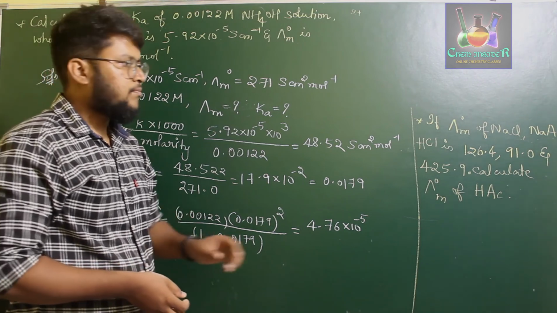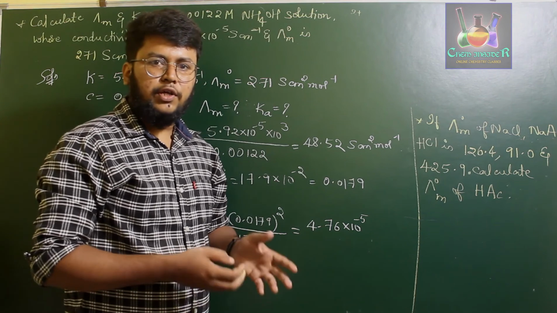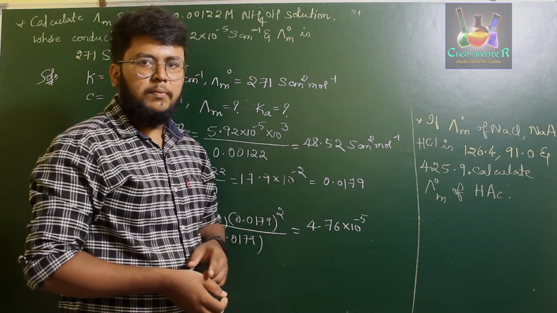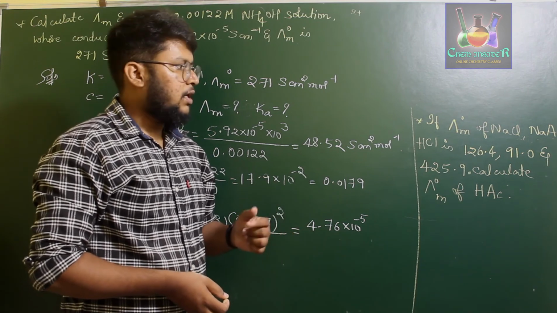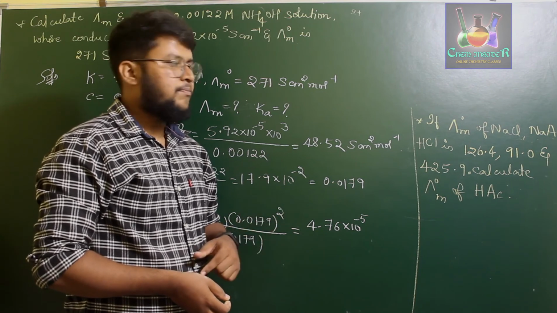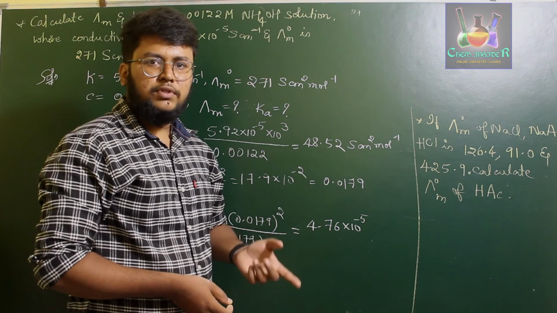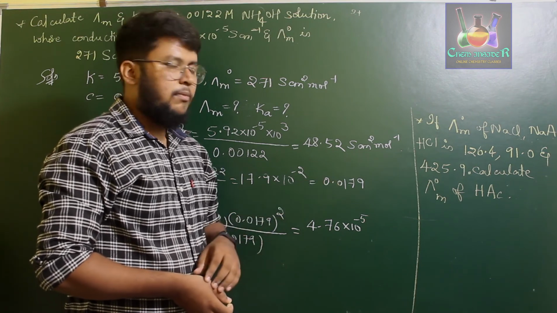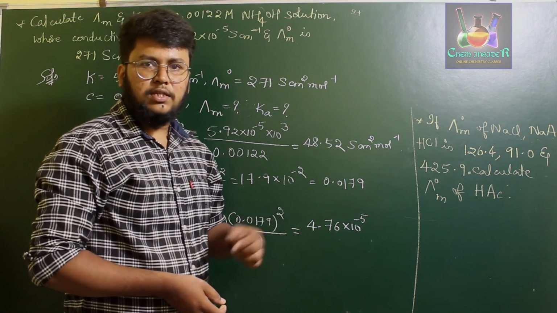We need to split all these electrolytes into their ionic form. So NaCl will be equal to lambda of Na plus lambda of Cl, NaAc is lambda of Na plus lambda of Ac, HCl is lambda of H plus lambda of Cl, and HAc will be equal to lambda of H plus lambda of Ac.